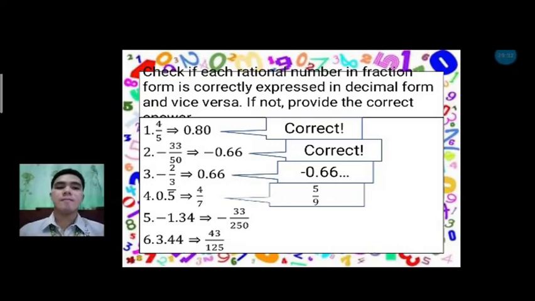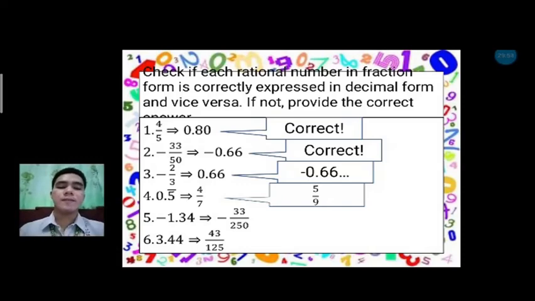As you can see, 5 is the repeating digit, so take it as your numerator. How many repeating digits? 1. Therefore, the number of 9s in the denominator is 1, so 5 over 9.